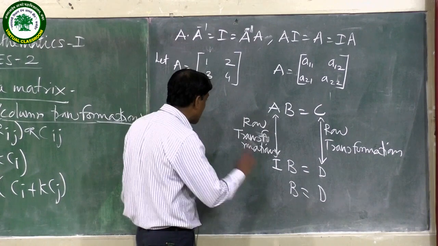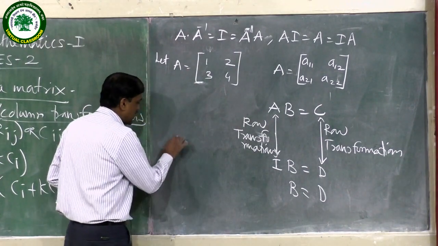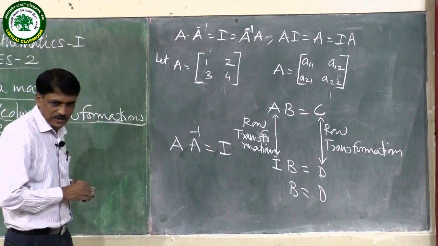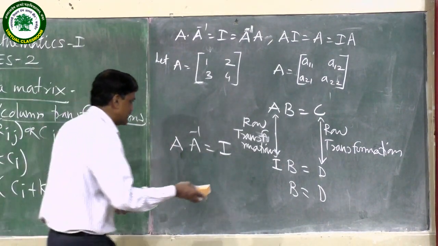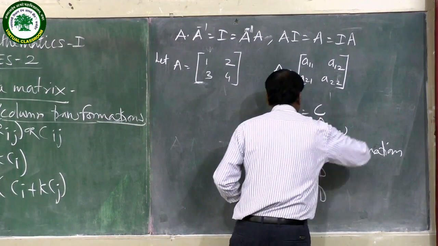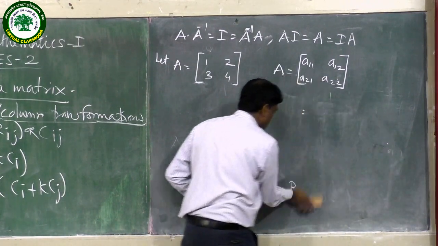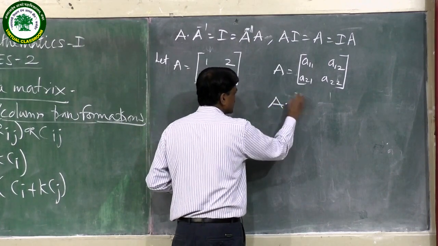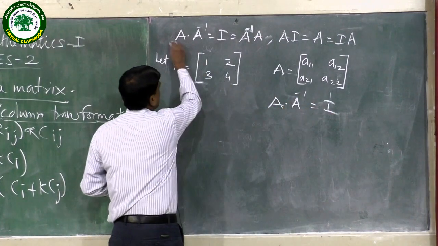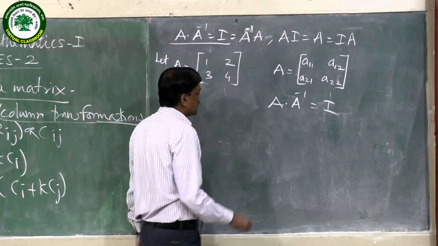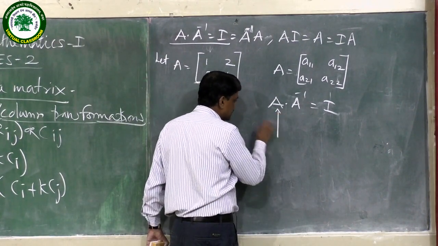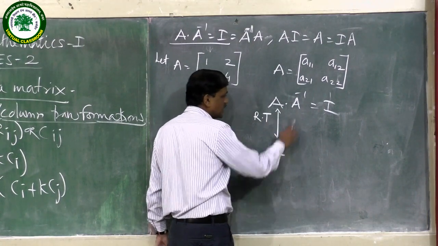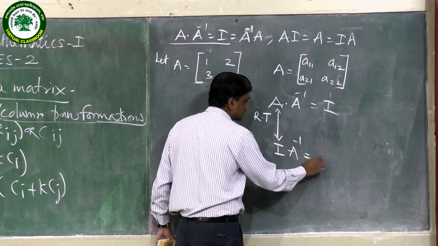How? See, let us write it once again. If we write A into A inverse is equal to I, let me revise this concept once again so that it is useful in further calculations. If it is A into A inverse is equal to I, like this, and we perform row transformations on this matrix, it converts into I, the second matrix remains as it is.